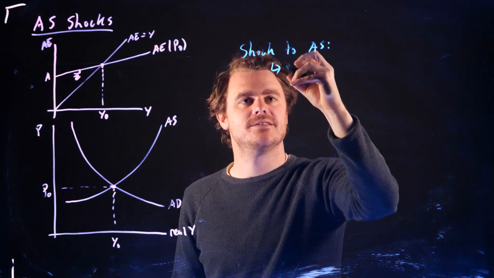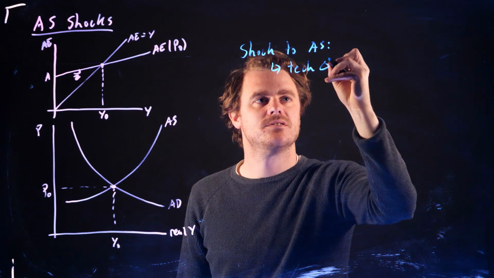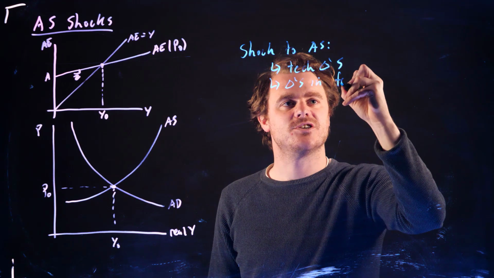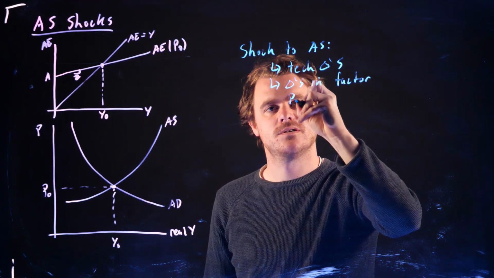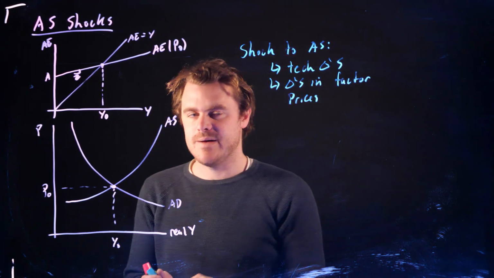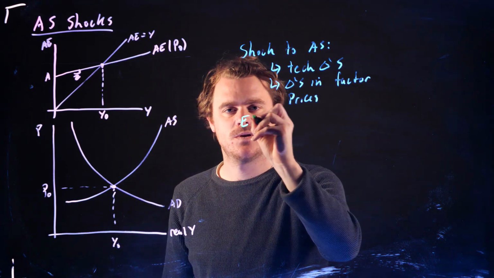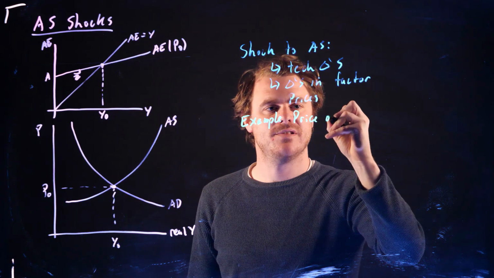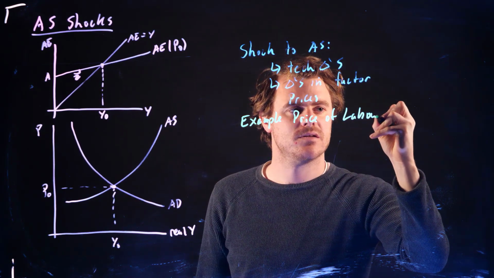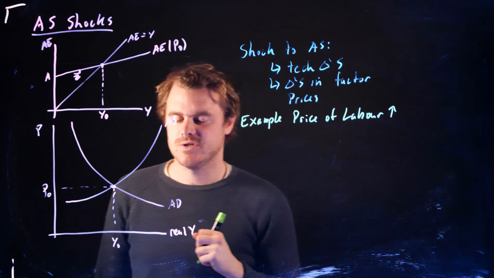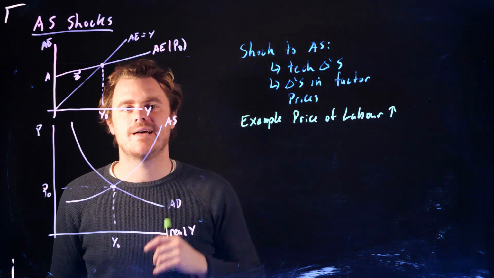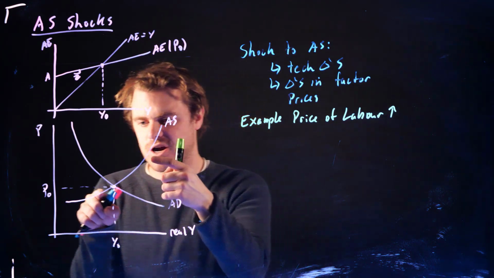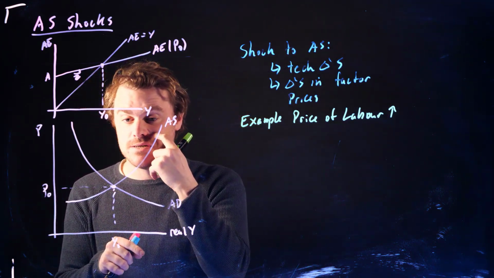So shock to the AS. So what could cause it is tech changes or changes in factor prices. So for example, the price of labor, let's say, increases. So wages go up. Well, what effect is that going to have on the AS curve? Well, it's going to shift our AS curve to the left, right?